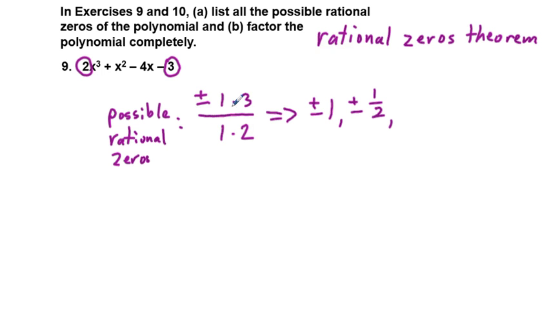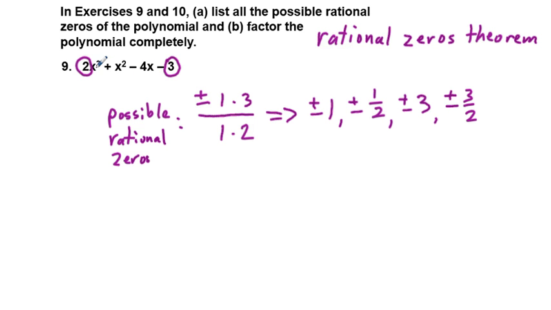And then the 3, we have 3 over 1, plus or minus 3, and finally, we have plus or minus 3 over 2. So we have 8 possibilities of zeros here, and we have a cubic polynomial expression here.